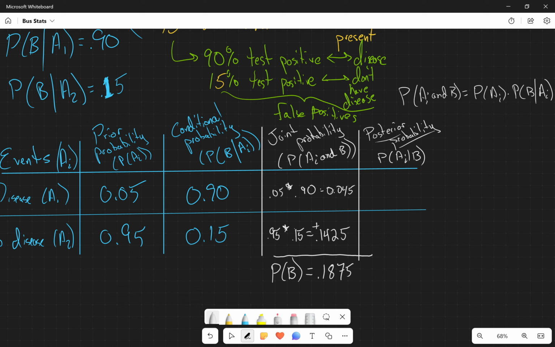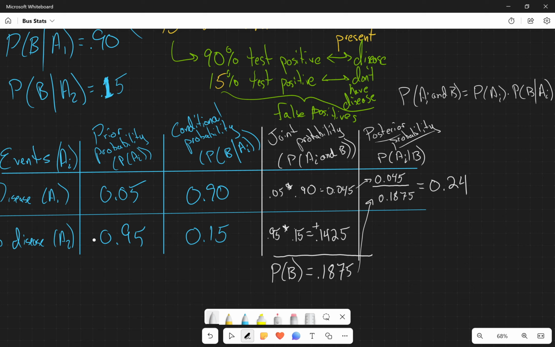So the probability of A1 given B is going to be equal to this number here divided by this number here. And so this is going to give us a 0.24 here.